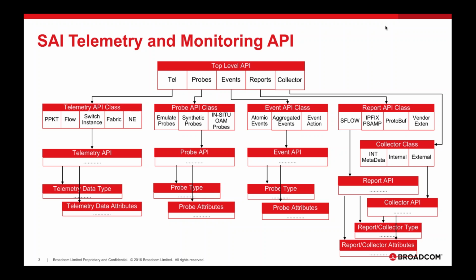The next one is the fabric, and this is mainly for a chassis-based system. If we are monitoring a chassis, or if we are monitoring a logical system, which is let's say a three-stage class, which is having an IP class part of the network, there are different sets of data which need to be collected. So these APIs are going to address that kind of data set.